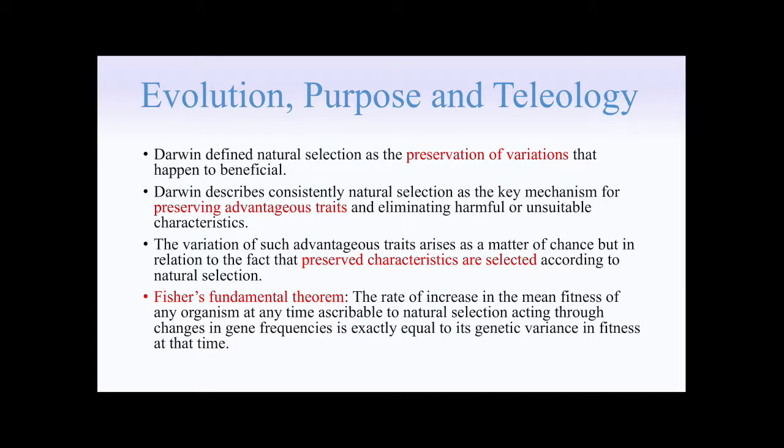The variation of such advantageous traits arises as a matter of chance, but the preserved characteristics are selected according to natural selection. Fisher's fundamental theorem: the rate of increase in the mean fitness of any organism at any time ascribable to natural selection acting through change in gene frequency is exactly equal to its genetic variance in fitness at that time.